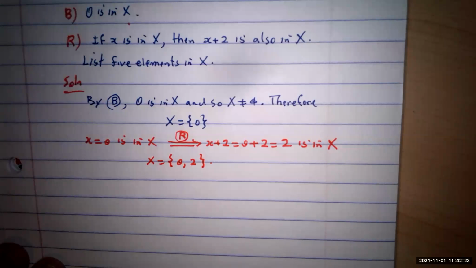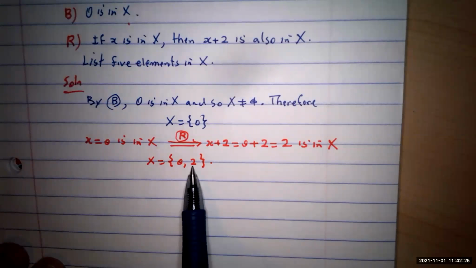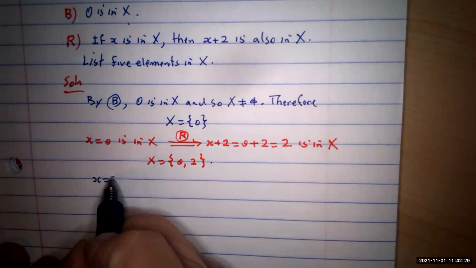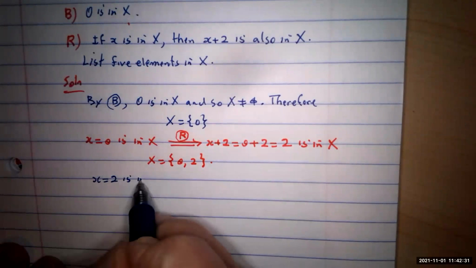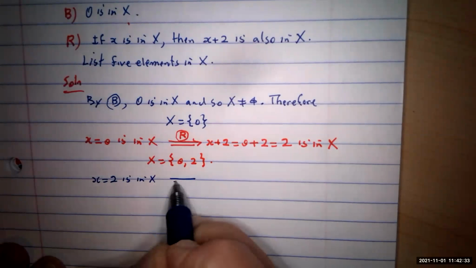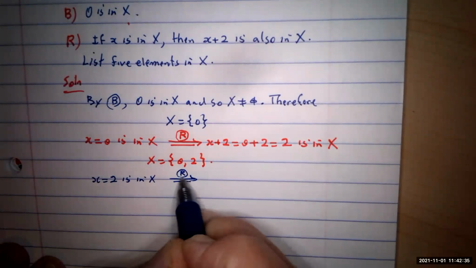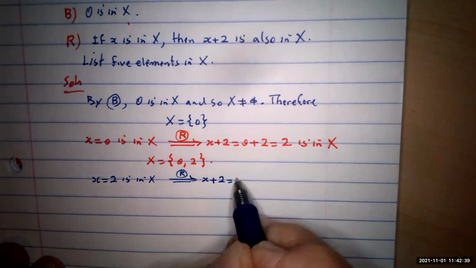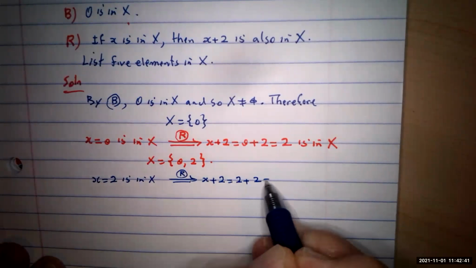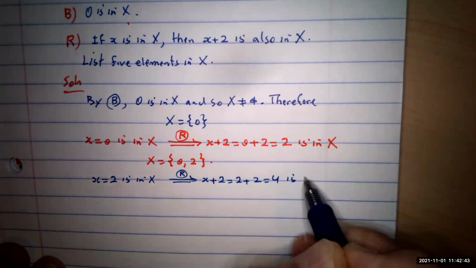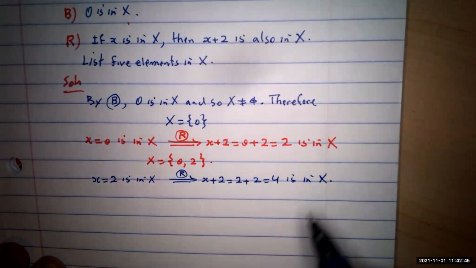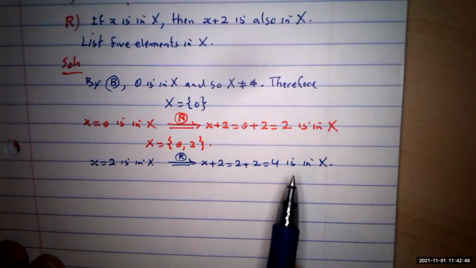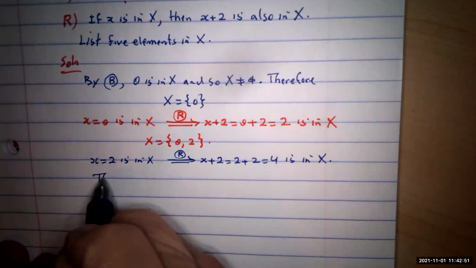Repeat again. It's going to be a new parent. x equal to 2 is in X, again by R, x plus 2, which is 2 plus 2 equal to 4, is in X. You see, 2 steps. Now you can list the other one. You replace the 4, that gives you 4 plus 2.